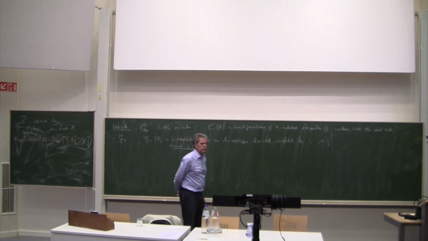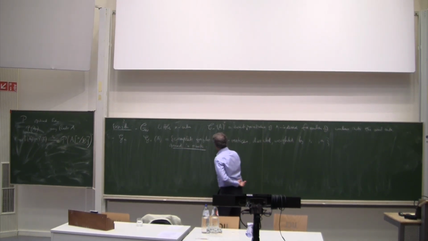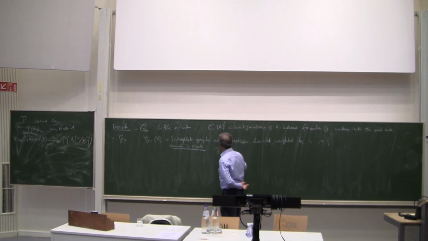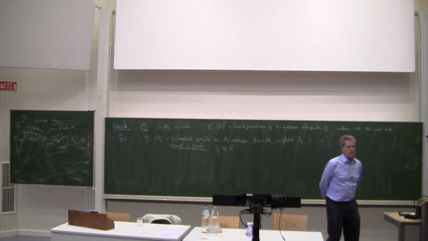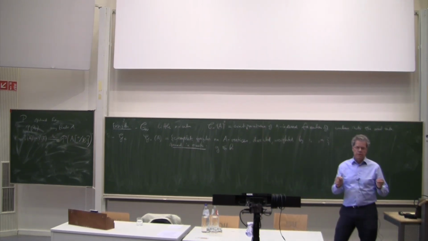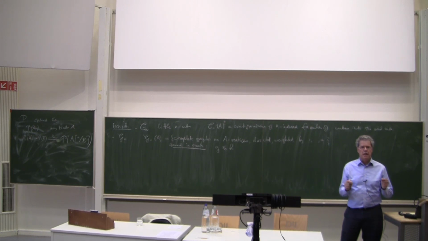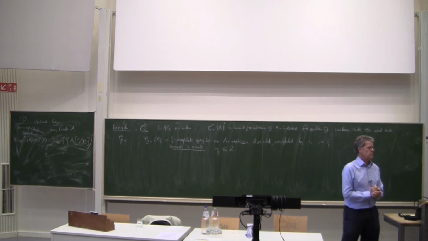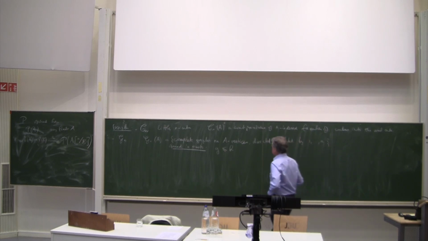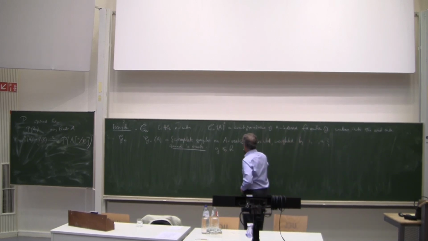So I should tell you what the order is. If you have two graphs on the set A of vertices, you say that G is less than or equal to H if the weights in G are less than or equal to H, and if the directions don't match, the weight has to really go down. Okay? So I will write this formally because it's important.